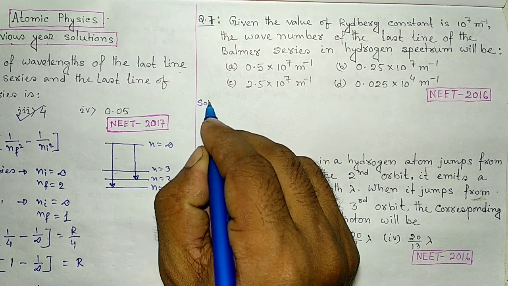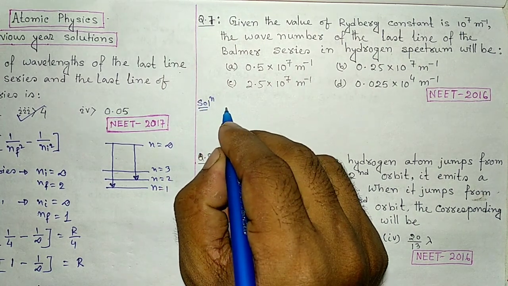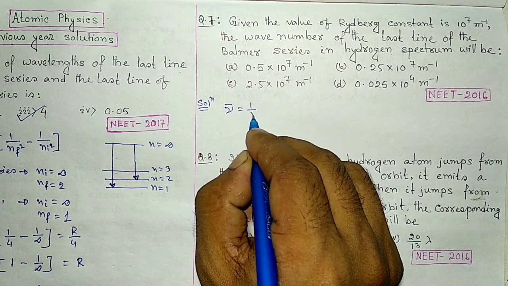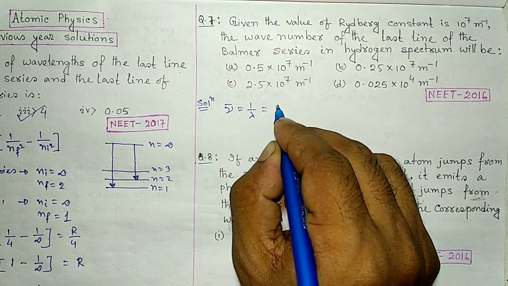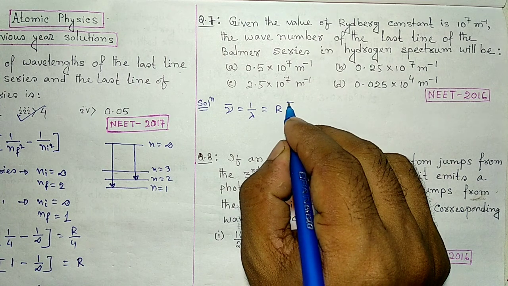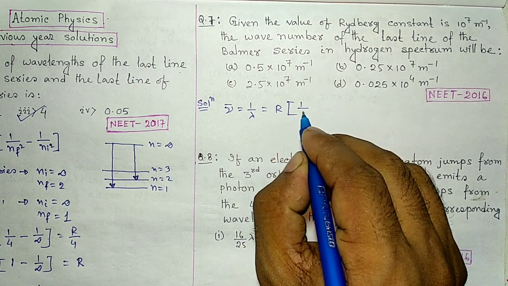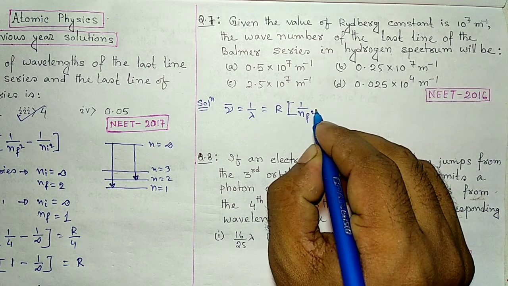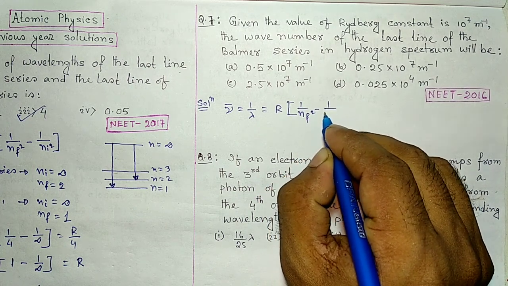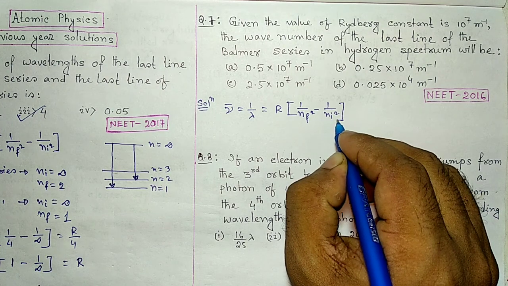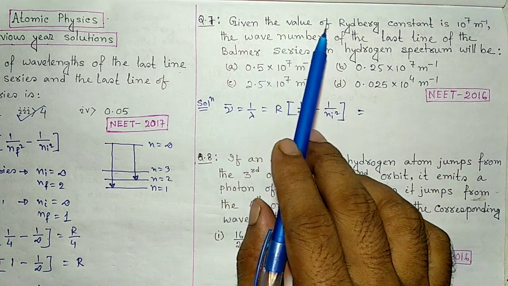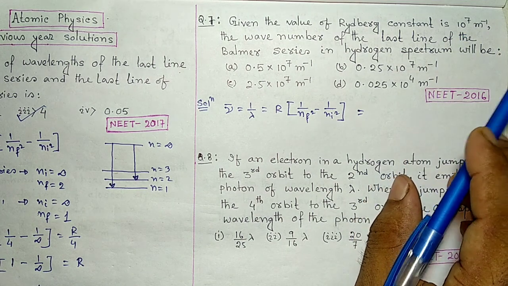So dear student, wave number nu bar is equals to 1 by lambda is equals to R into (1 by Nf square minus 1 by Ni square). Now given the value of the Rydberg constant is 10 to the power 7.